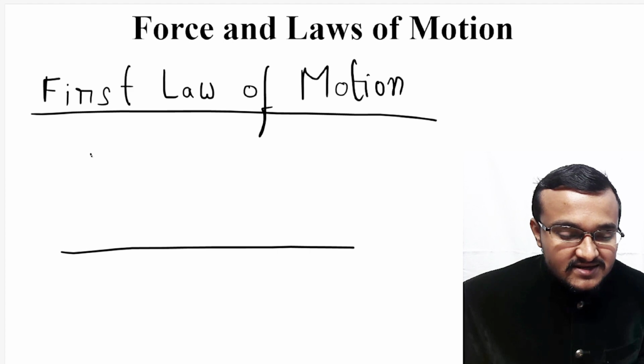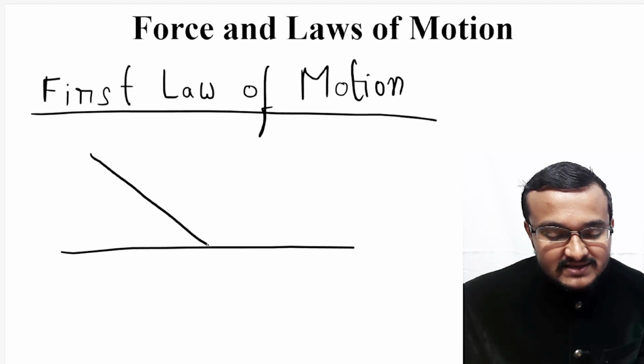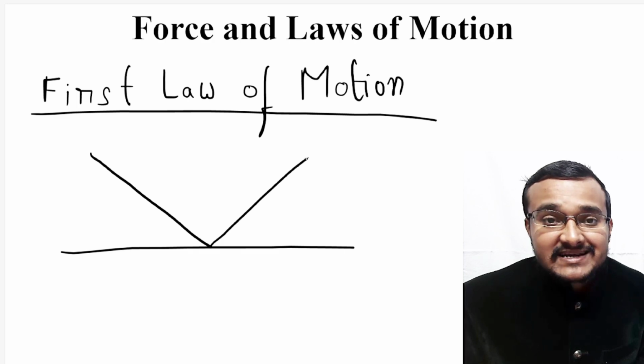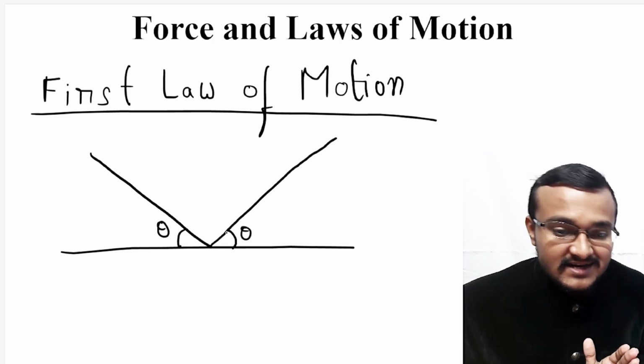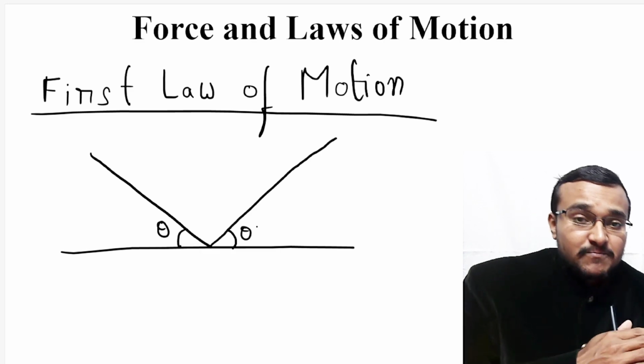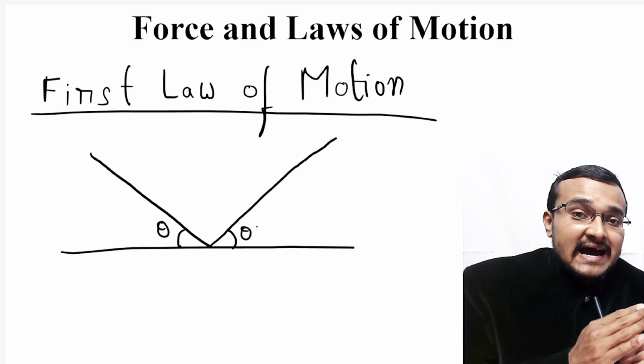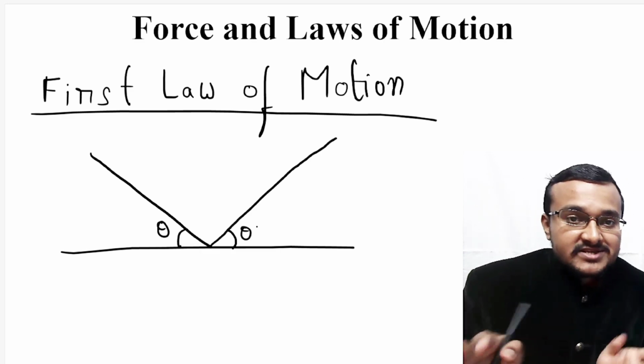There is an inclined plane like this, and there is one more inclined plane with the same inclination angle on the other side. Here also angle theta is there, and here also angle theta is there. That is, the plane of inclination has the same angle on both sides.